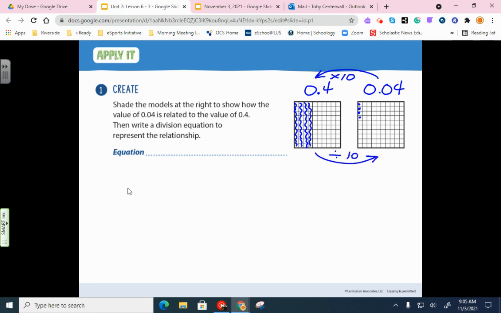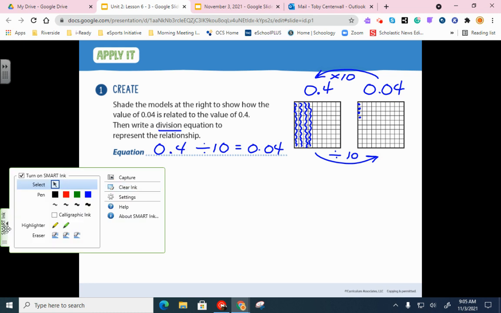So they want us to do a number sentence for this. It shows division. So we take 4 tenths, divide it by 10, and that will equal 4 hundredths. That's what we're showing right underneath our grids, a visual representation of that. All right, let's move on.